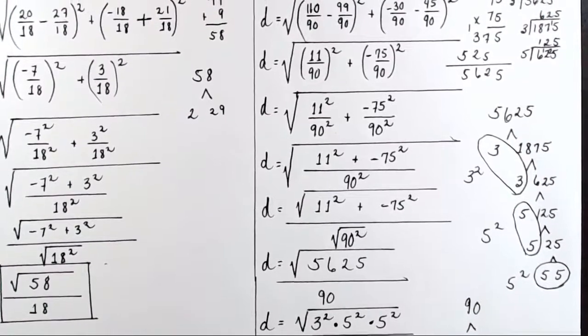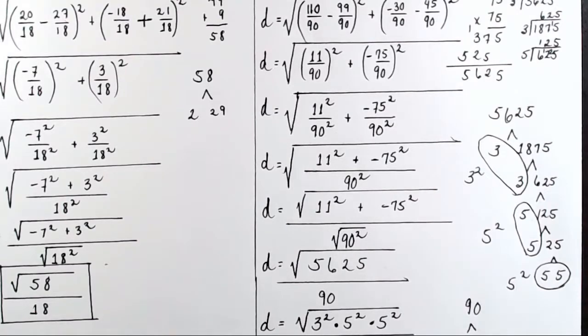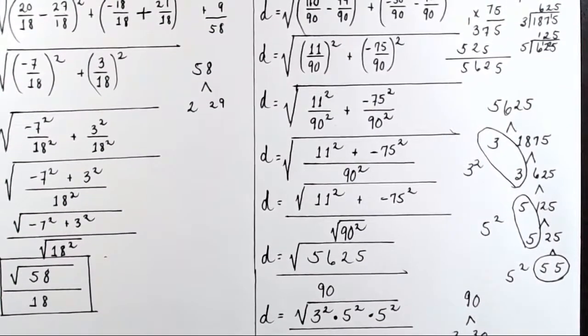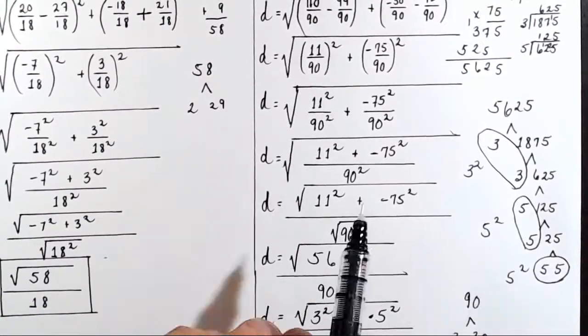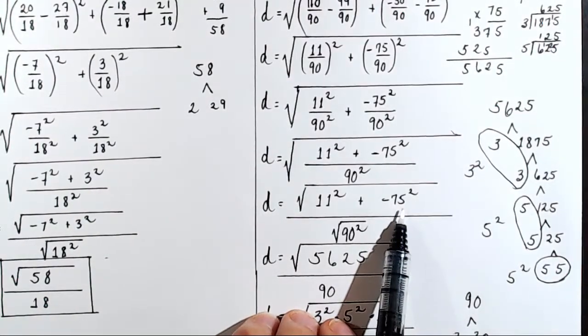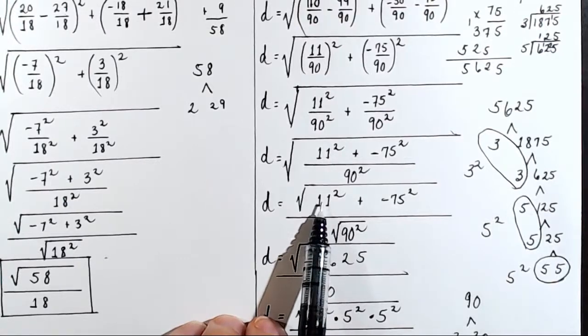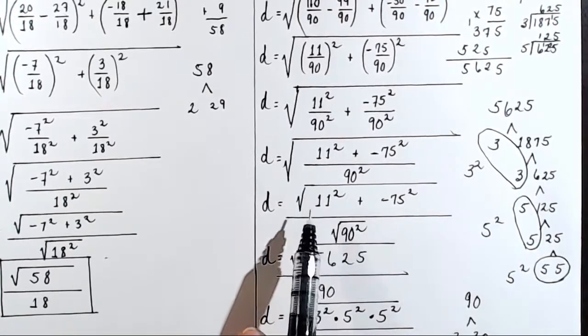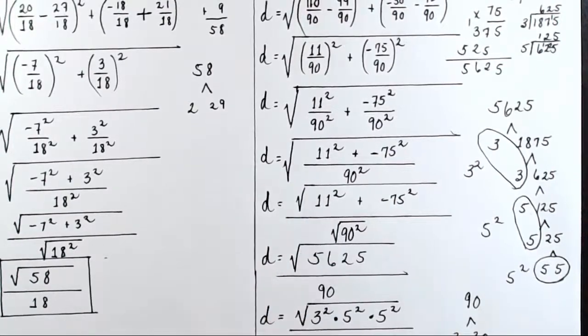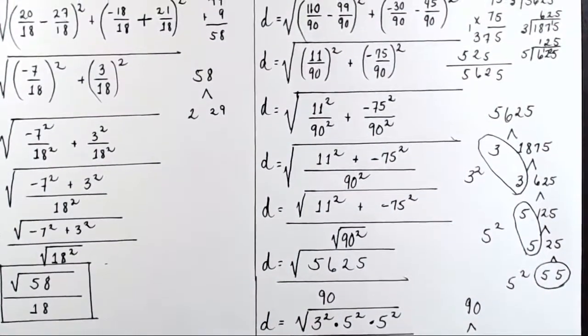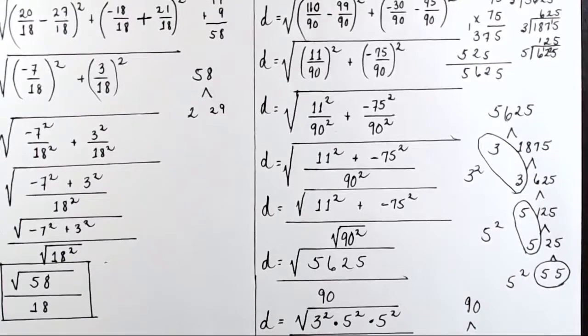Oh, I see the error. I see what we did wrong. I see what we did wrong, ladies and gentlemen. When I squared 75, I forgot to add 121 to it. I dropped that 11 squared. That's what I did. So, all right.